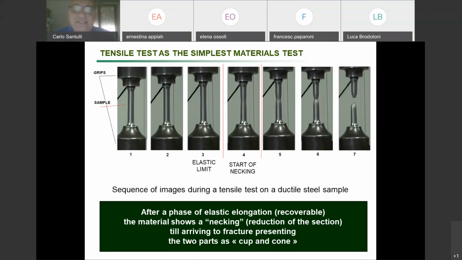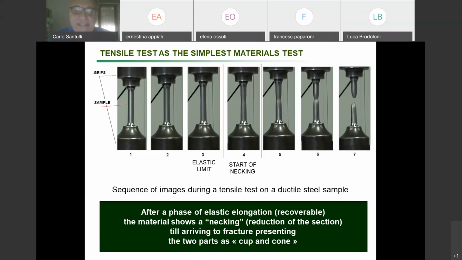The tensile test is the simplest one to perform. There is a reason for this simplicity. It's not just a question of technology.